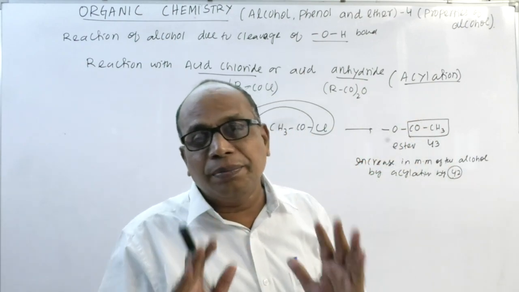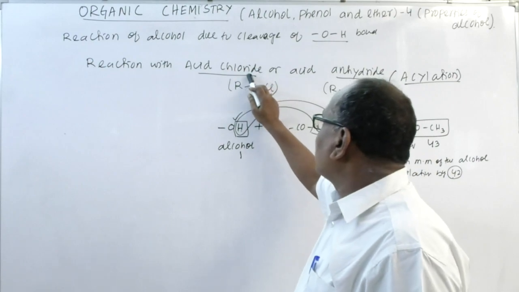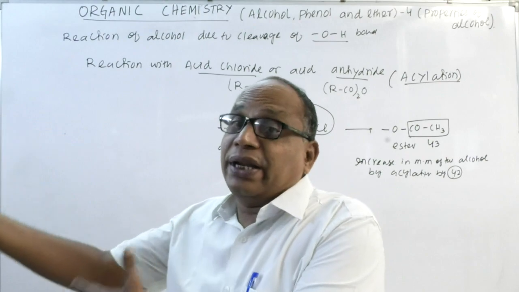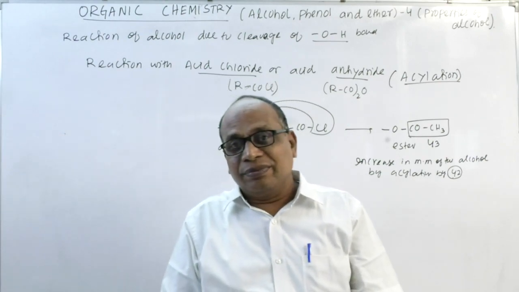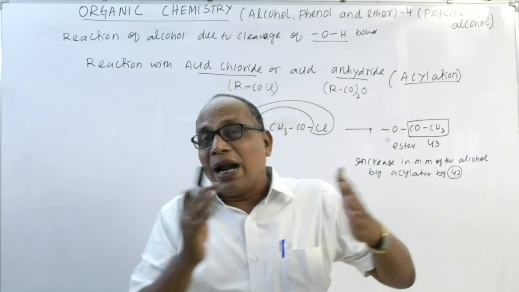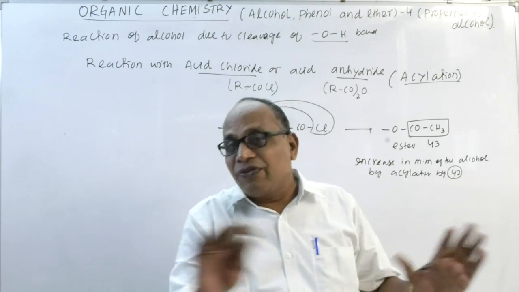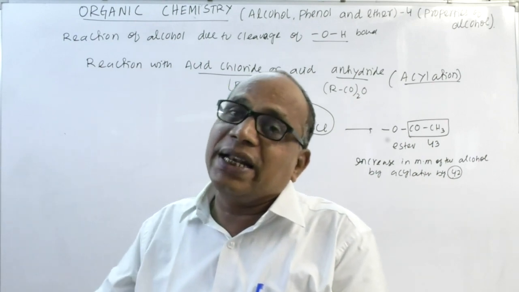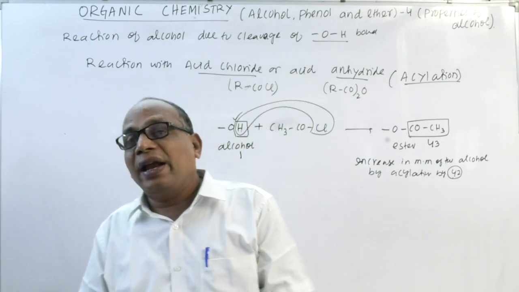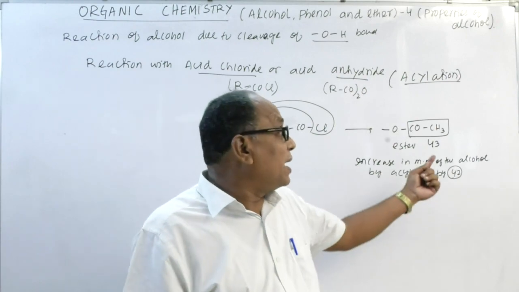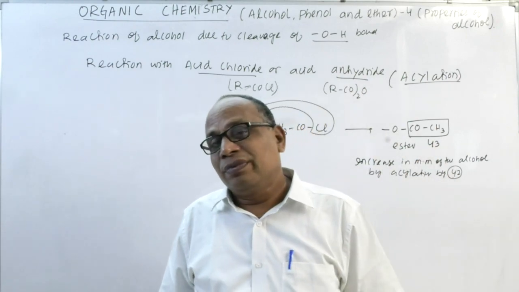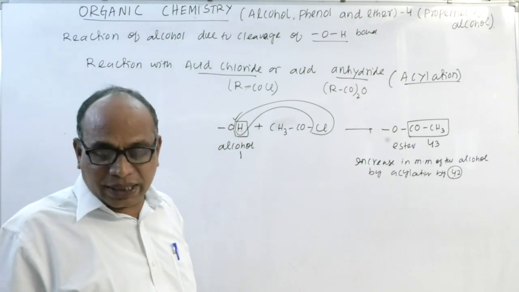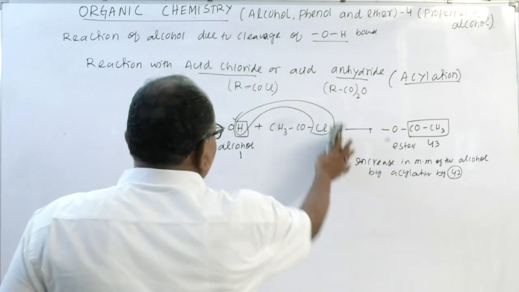You take the alcohol, treat it with acid chloride, that is CH3COCl, or acid anhydride, to form the corresponding acetyl derivative and measure its molecular mass. The difference from the molecular mass of the alcohol gives the number of acyl groups present in your product, and the mass difference is divided by 42, which gives you the number of OH groups. Okay students, let us see.